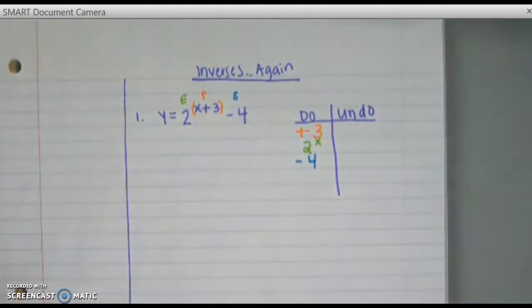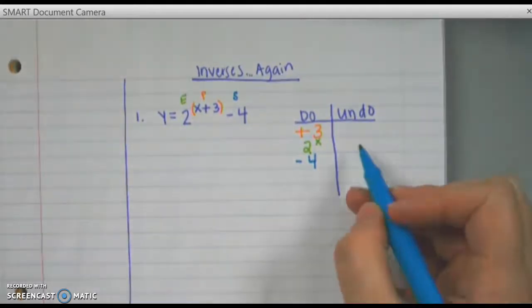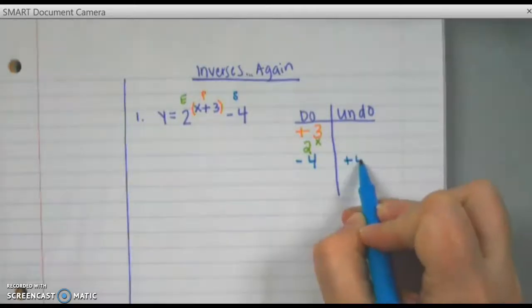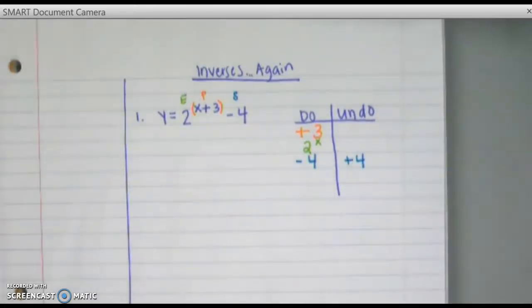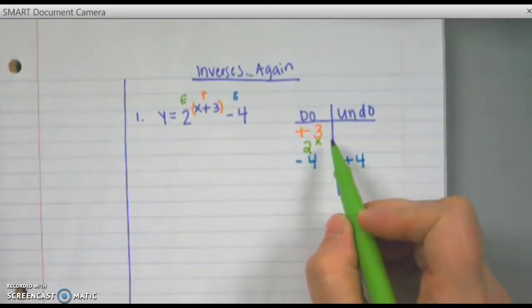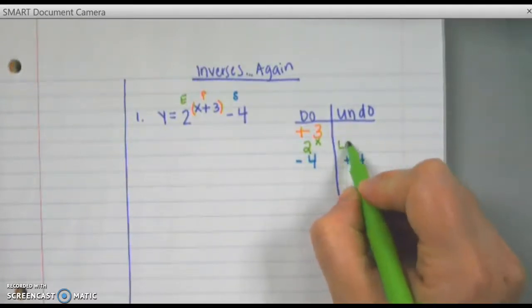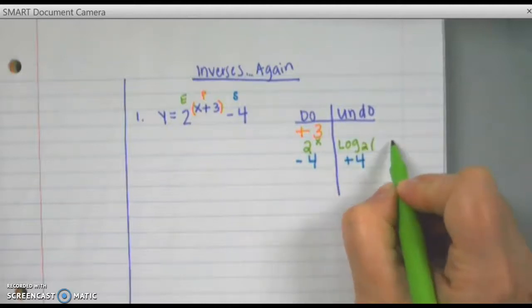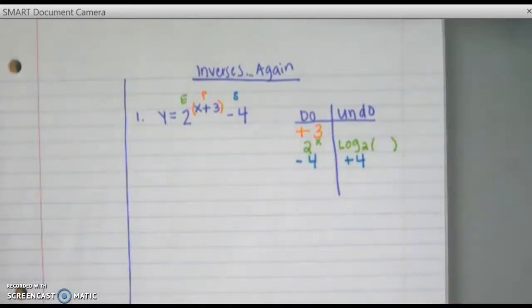The opposites of all of those make up the undo list. The opposite of minus 4 is plus 4. The opposite of having a base of 2 is having a log with a base of 2. I'm intentionally leaving that set of parentheses blank because as I'm working this out, I will have something to put in there.